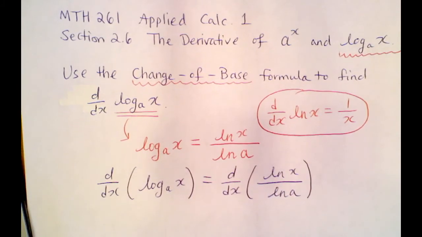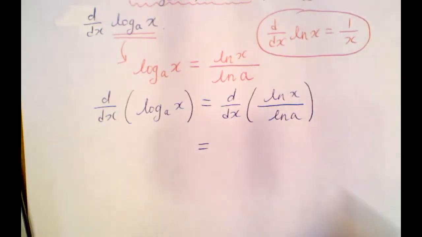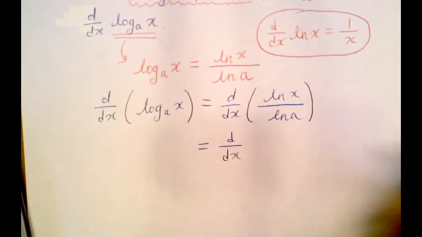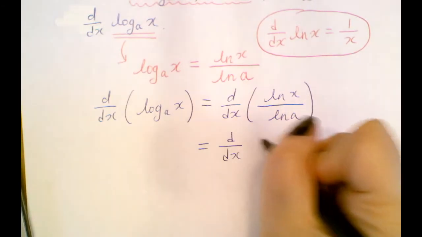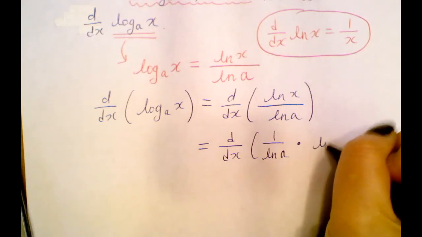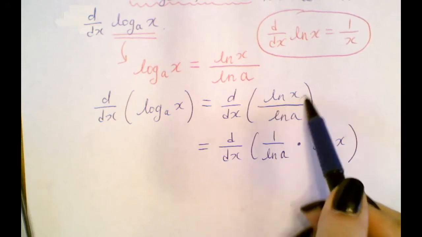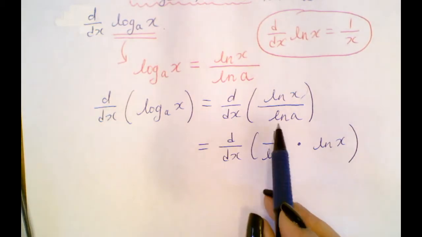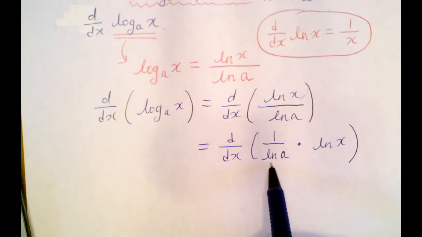Let me move this up. I'm going to simplify this right side. I can write this as a multiplication of 1 over natural log of a times natural log of x. You see what I did? I just brought this numerator down like this, and I wrote this over ln a as 1 over natural log of a.